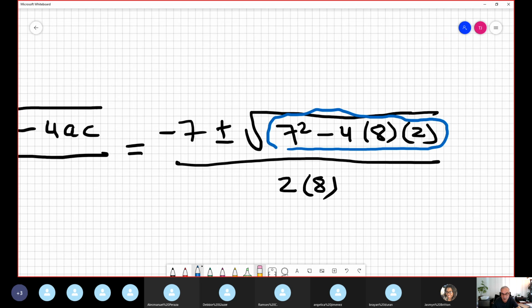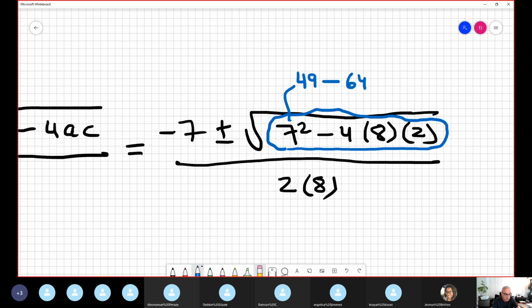The expression inside is 7 squared, 49, minus 4 times 8 times 2. I put it in the calculator, 64, I guess. Let me check it just in case. Yeah, 64.